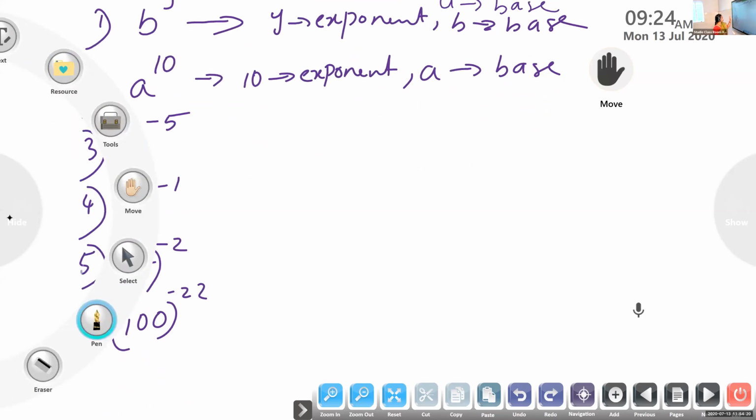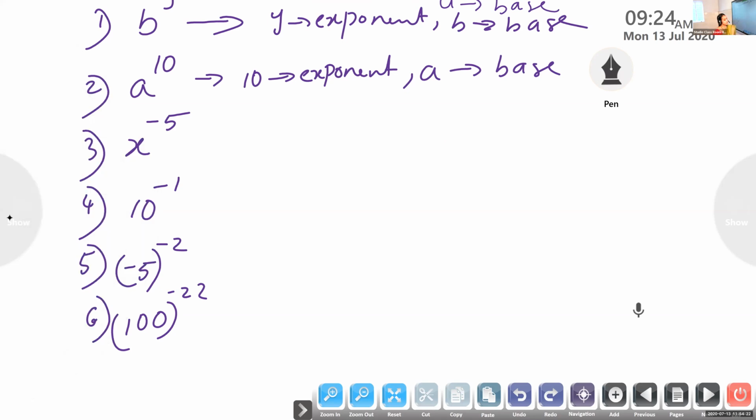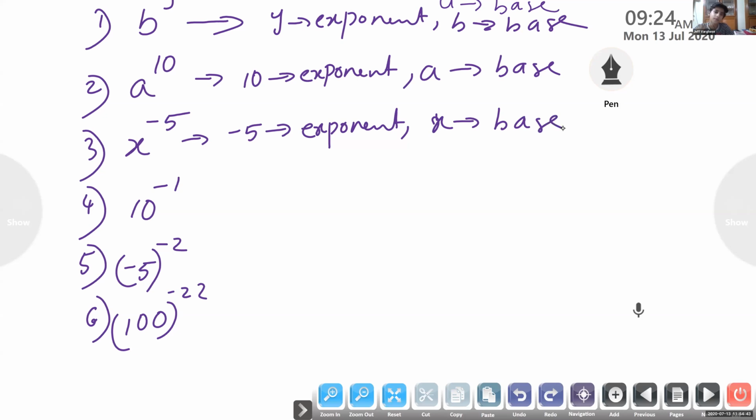Jeff, x raised to -5. Answer is -5. -5 is the exponent. Then base is x. X is the base. Okay.